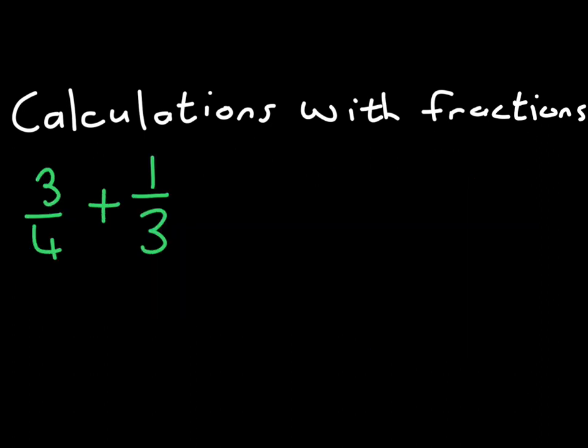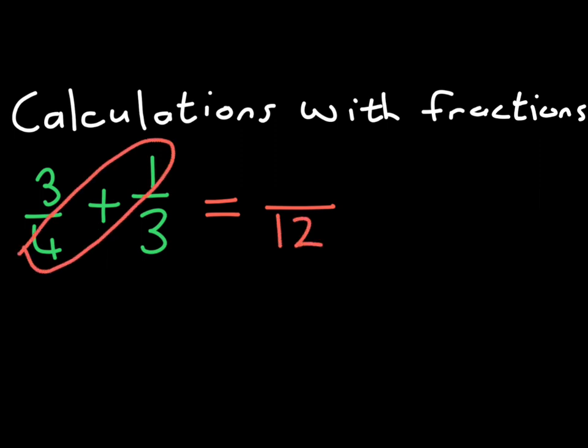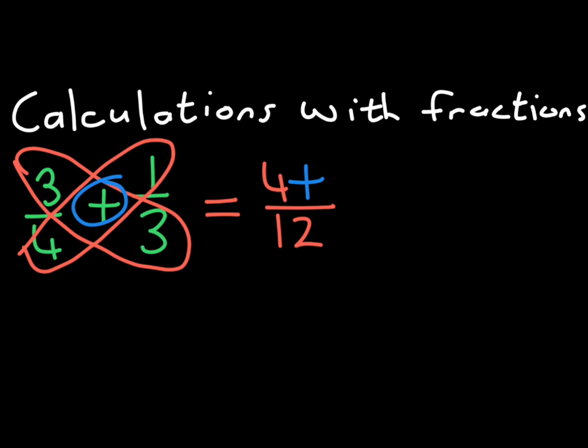Another way to do this would be to firstly multiply our denominators, so we get 12. Next, we have a look at the diagonals, and we say 4 times 1 is 4, because we've got a plus sign, we plus. And next we have a look at 3 times 3, which is 9.